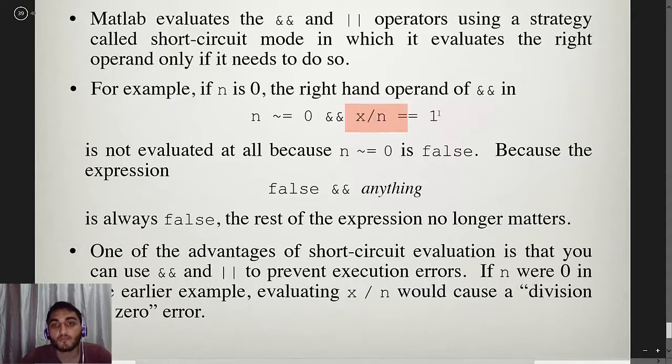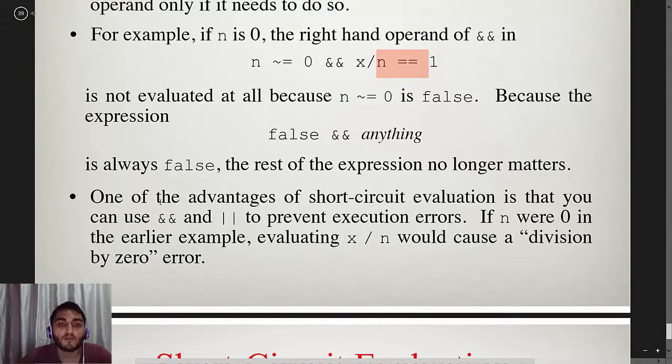We don't need to know what the x value is, because this one is false and we use the AND operator, so it will directly be false. One of the advantages of short circuit evaluation is that you can use AND or OR to prevent execution errors. If n were 0 in the earlier example, evaluating x over n would cause a division by 0 error. But it didn't give this error because the answer was already false.